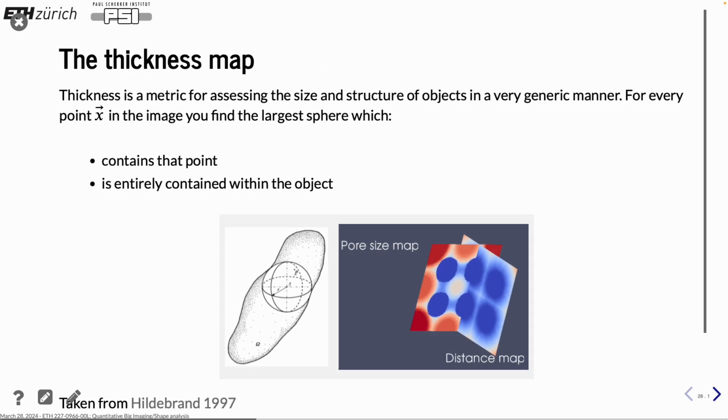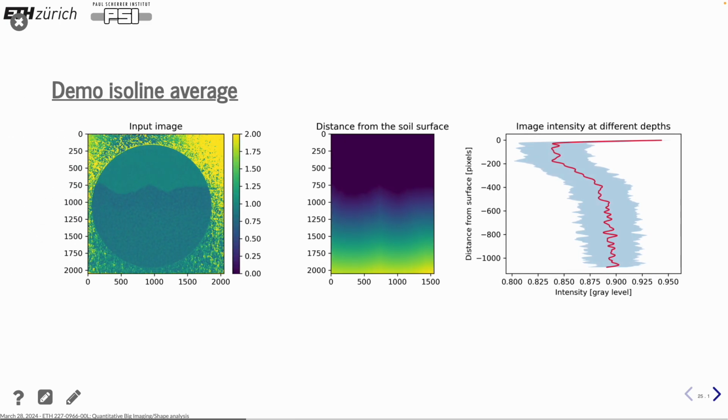And what I then did was to, for every distance with the precision that I wanted, I think I took the integer distances. For every distance, I computed the average intensity in this image.